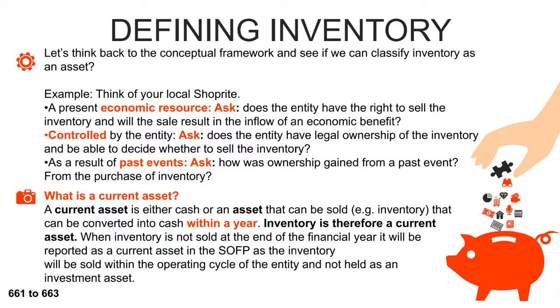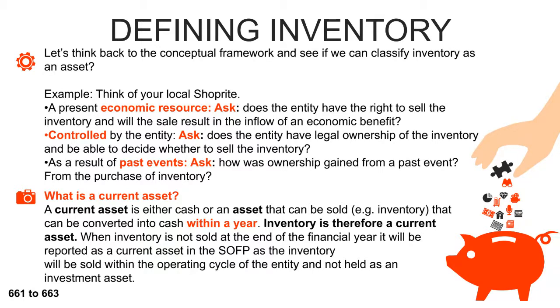The idea with inventory is that we buy the inventory and we try and sell it as soon as possible, right? And notice very carefully the standard says within a financial year. That's obviously because a financial year doesn't always need to be 12 months. You can have a financial year that's up to 16 months.